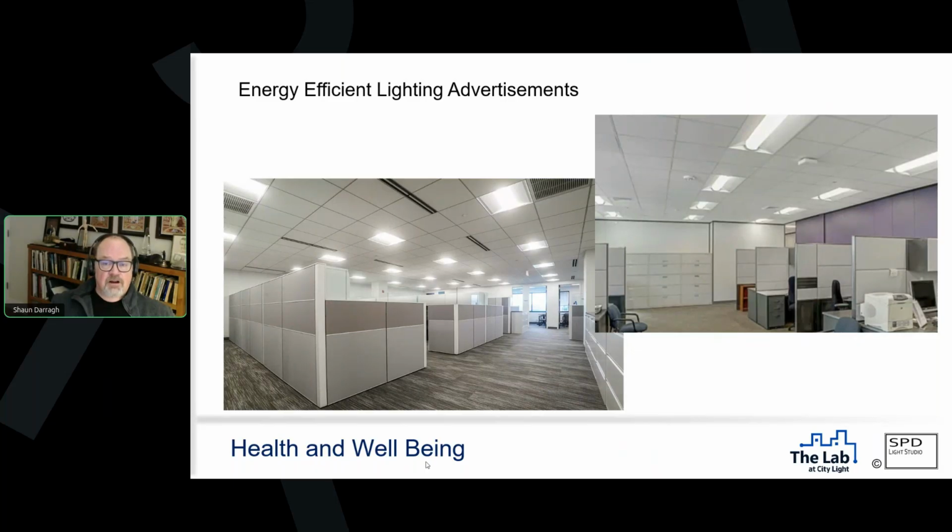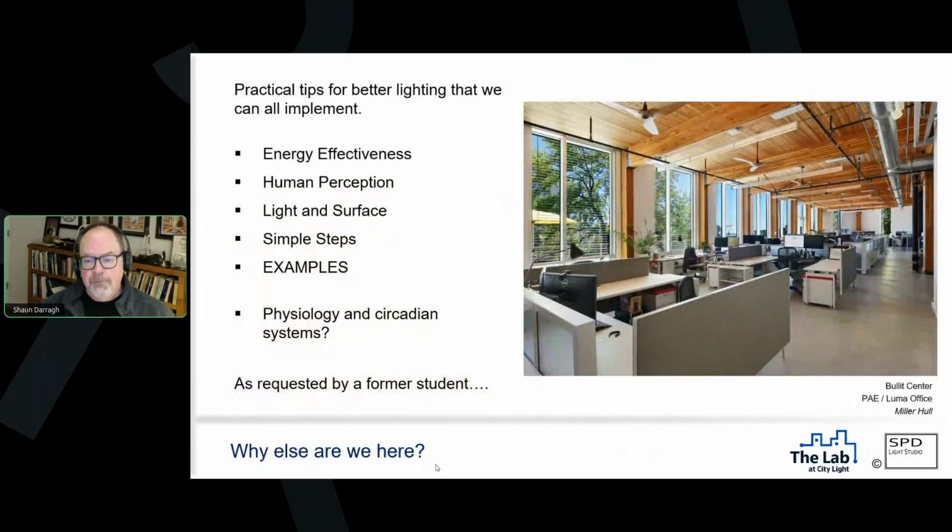And in fact, in the photograph on the left, you see that you've got perimeter private offices. So the people on the side are doing just fine. They're probably okay. But the people in the middle, they're going to have some issues. So we'll see how maybe we can address some of these things as we move forward.